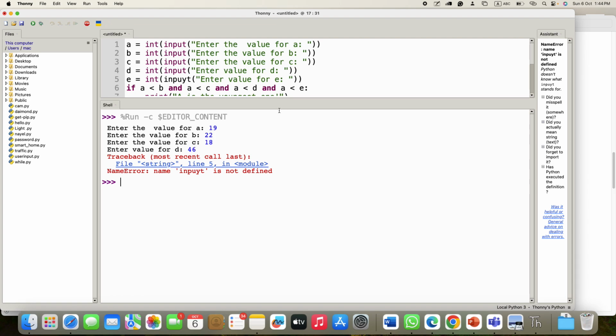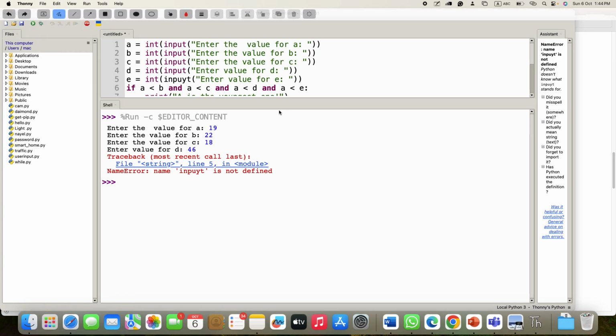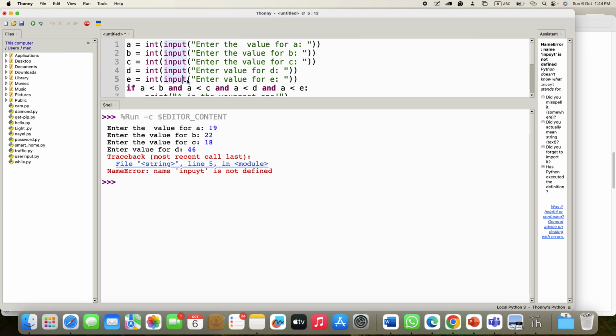This is an interpreter, not a compiler, which means it did not compile the whole program and run it. It compiles line by line, and when it reached the error here, the input spelling mistake, it gave an error. So that's the interpreter. If it was a compiler, it would not run in the first place. Now you understand the difference as well. So everything happened for a reason.